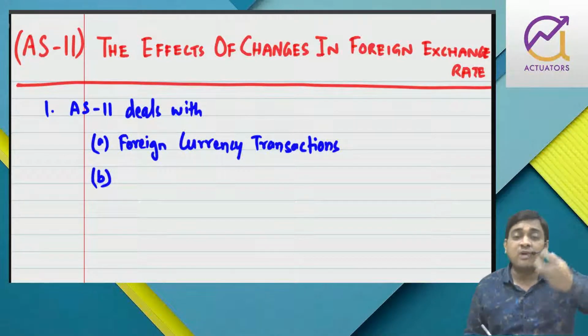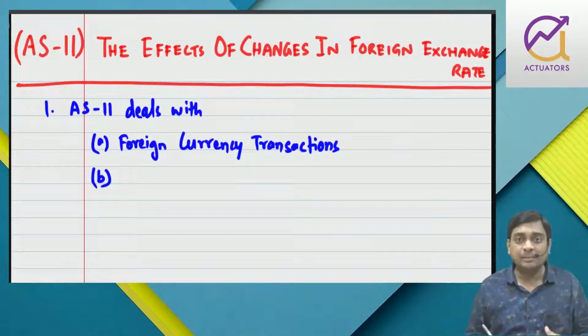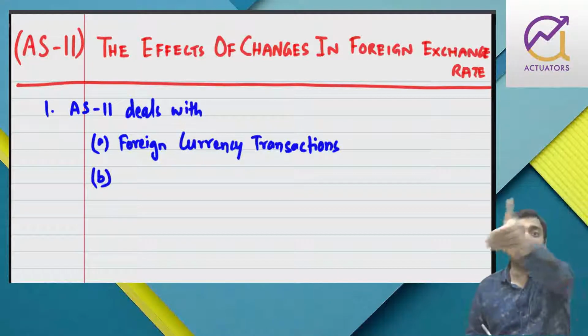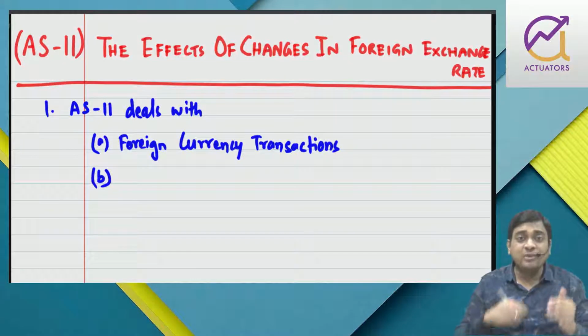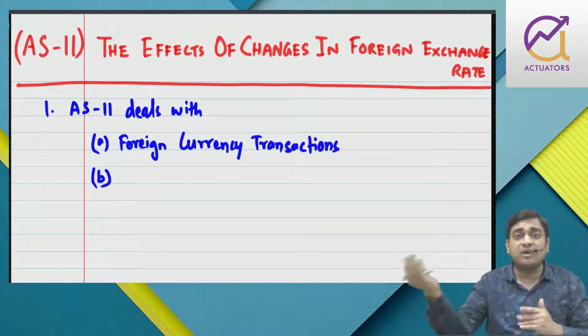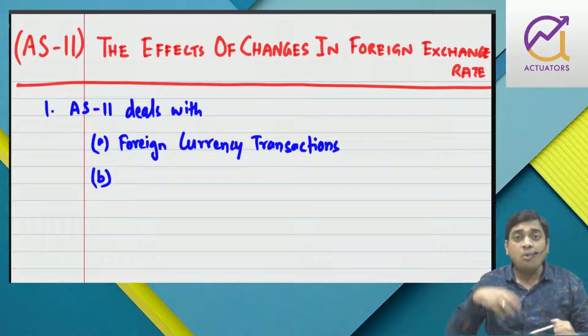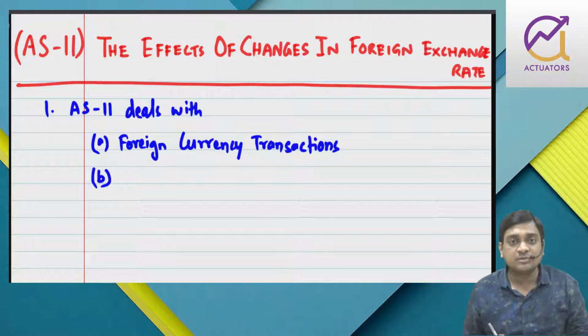At what value should I record that particular loan in my books? Because I am an Indian company and I have entered transactions with foreign parties. So when you enter transactions with foreign customers, foreign suppliers, foreign banks, how are you going to record those transactions in your books of accounts?